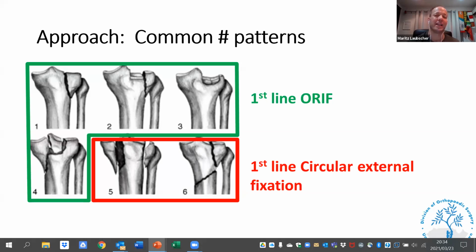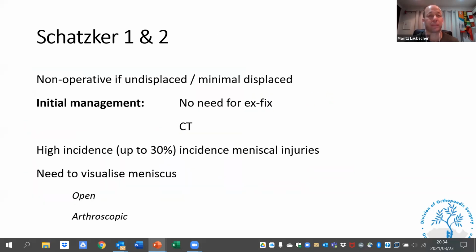It's only in select bicondylar fractures, where I can convince myself that there are few large pieces, where I can anatomically reconstruct the joint with a significant chance of success and a low enough complication rate, that I do bicondylar plating.